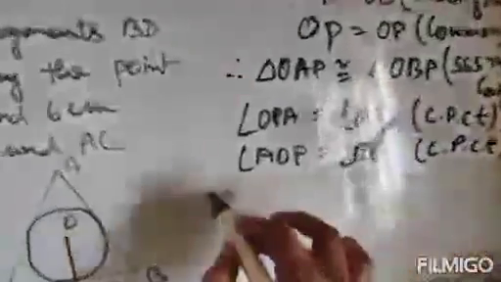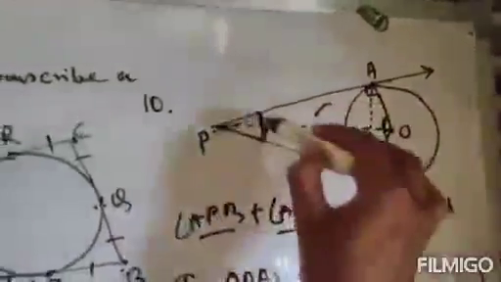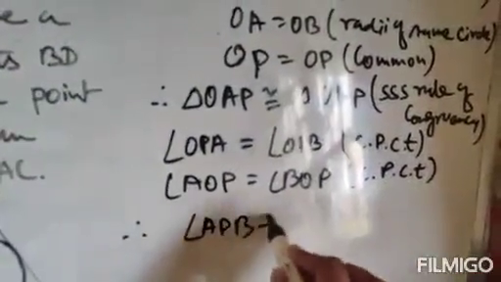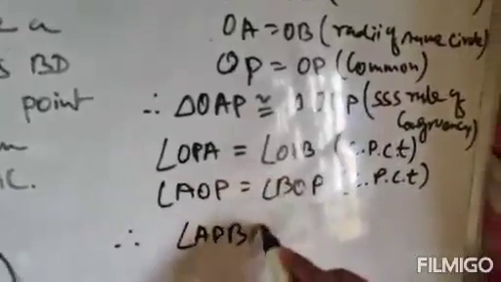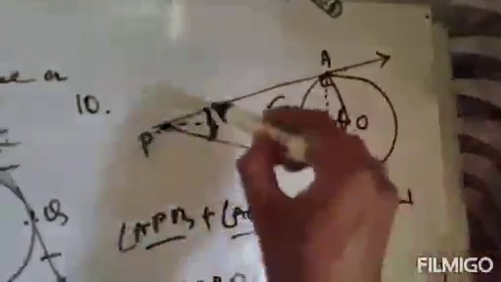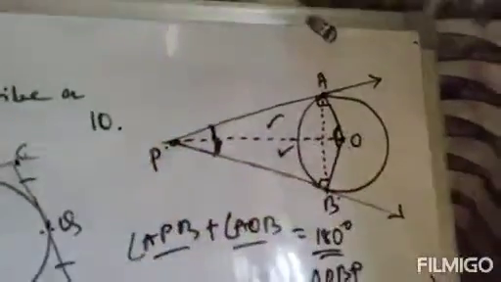Now angle APB, this total angle, will be equal to the sum of this angle and this angle. Listen carefully.